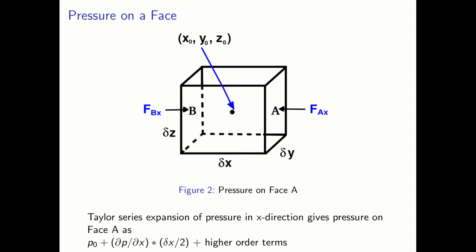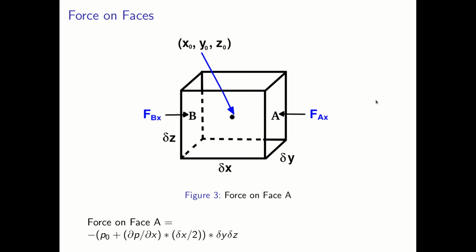But in this lecture, we'll basically drop these higher order terms and we'll focus only on the first term of the Taylor series. Okay. So similarly, you will have the pressure at the other faces also.